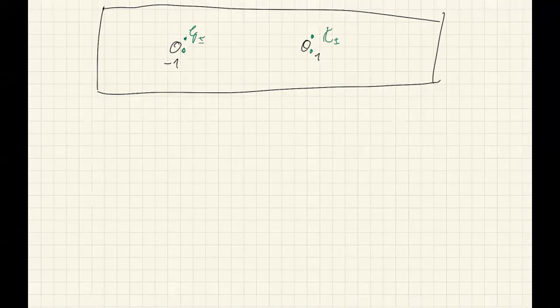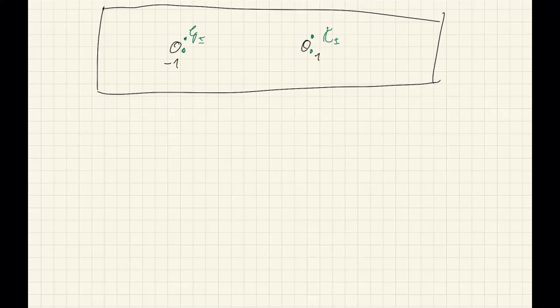Suppose that we have an open set that has only one character from the pair. And generally there are two possible cases of asymmetry.